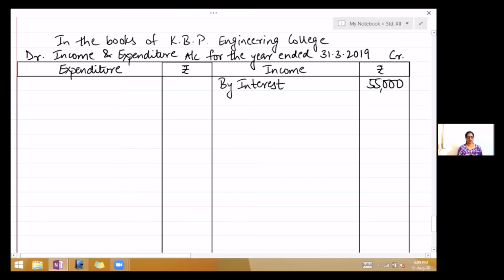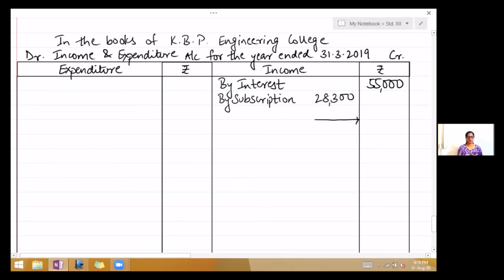Next is subscription. So by subscriptions. Now this has got an adjustment. So you will write it in the inner column 28,300. Leave a line for adjustment.